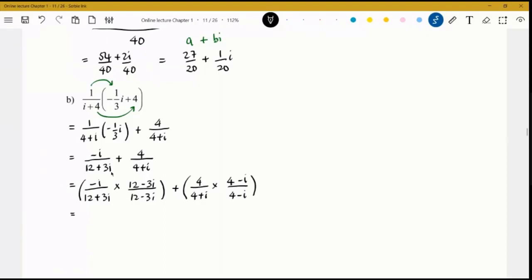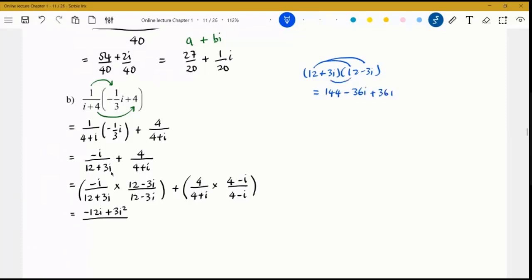So pada bahagian atas tak ada masalah. Will be negative 12i plus 3i square. So untuk yang ini, 12 tambah 3i, 12 tolak 3i akan end up dengan 144 minus 36i, here will be plus 36i, here will be negative 9i square.